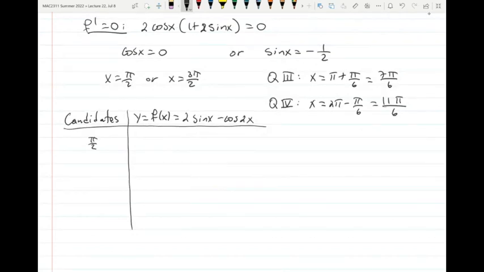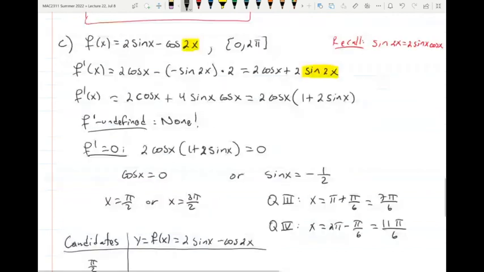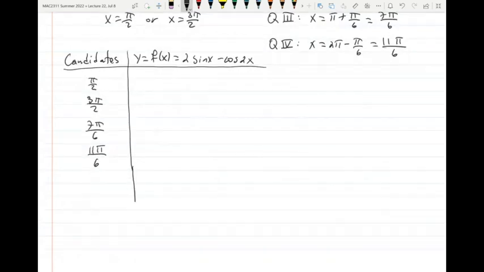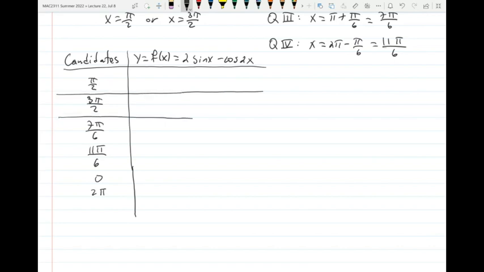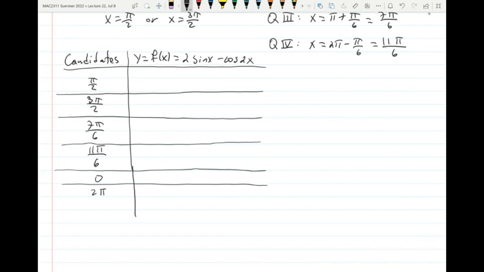So that's pi over 2, then 3 pi over 2, 7 pi over 6, 11 pi over 6, and then we have the endpoints, which are 0 and 2 pi. Okay, now we plug in, and then we'll be able to tell what's the maximum and what's the minimum.